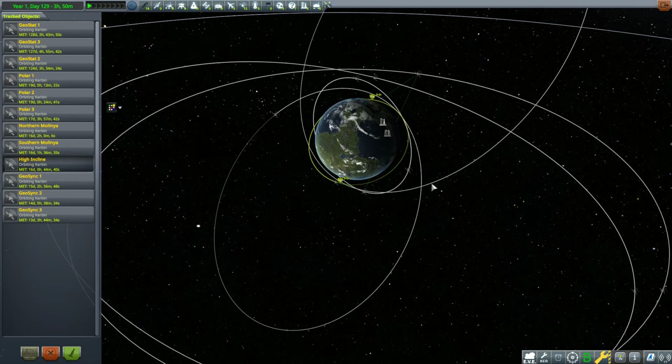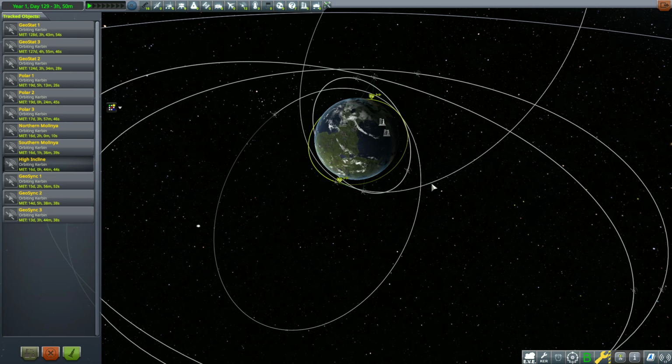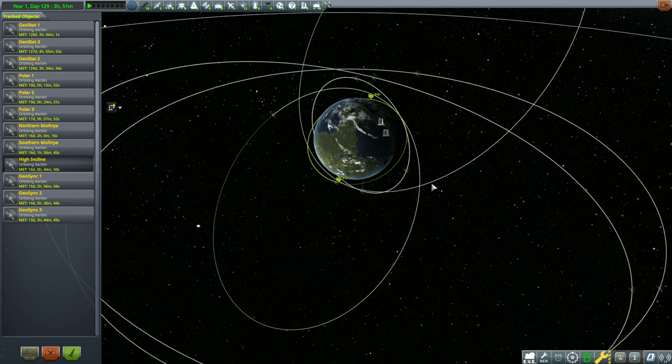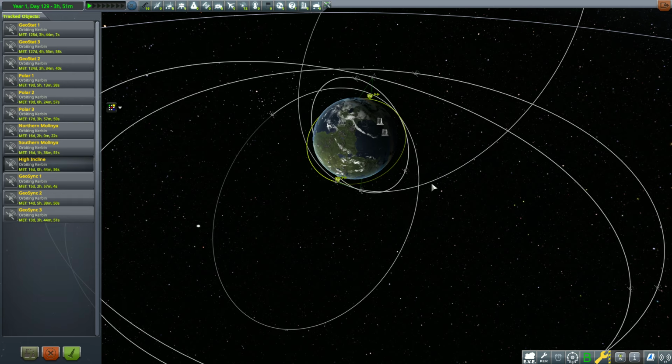Inclined orbits, and you can mix and match any sort of incline or make the orbit as hyperbolic as you want, and any combinations thereof. But the orbits I have here are specific because of the traits that they help us with.